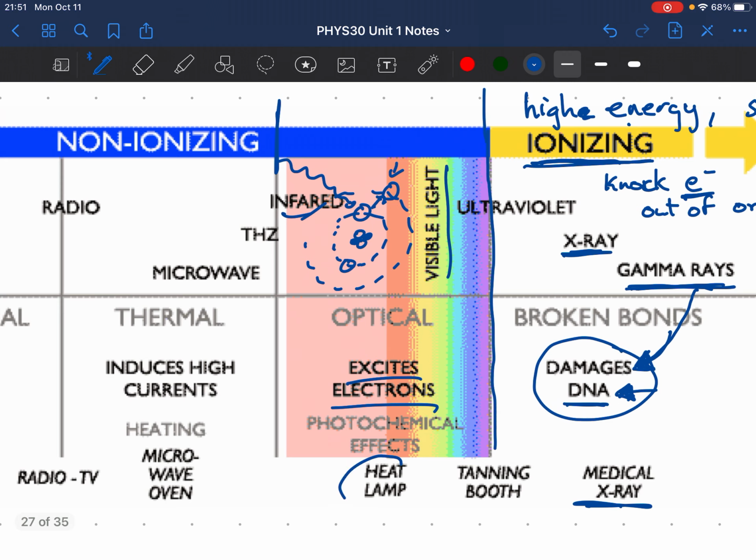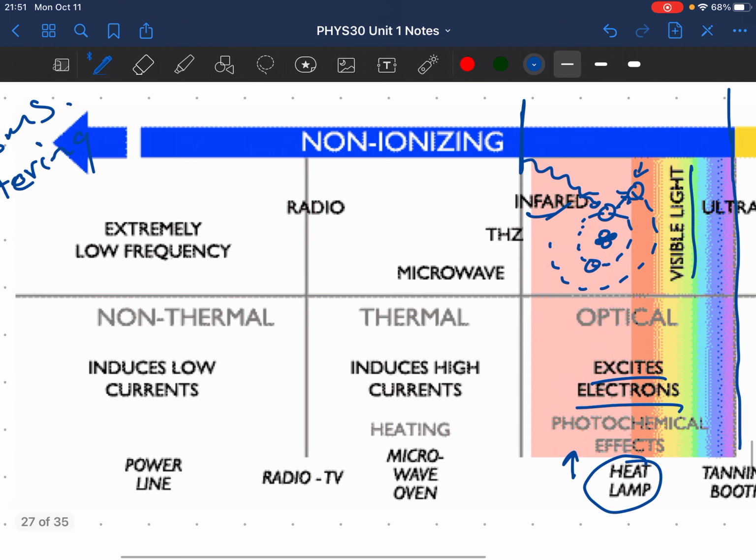Right, so heat lamps, if you've ever seen one of those red lamps that you heat up, sometimes you heat up the chickens with, sometimes you put it in a calf shed. It produces a lot of infrared light, which makes things warm. Now over here you've got the non-ionizing radiation.